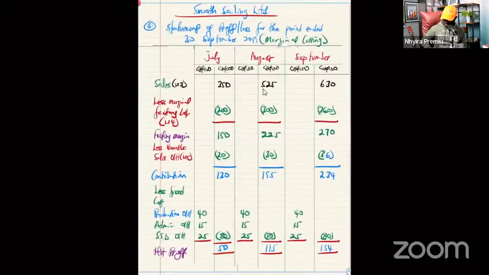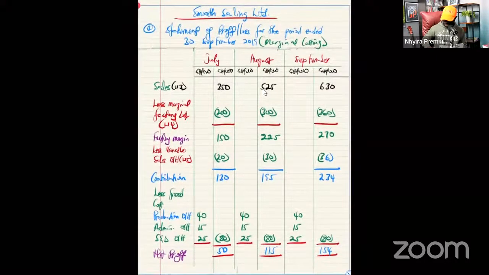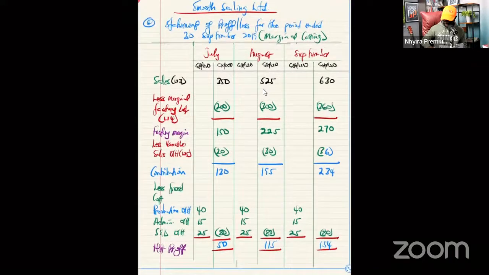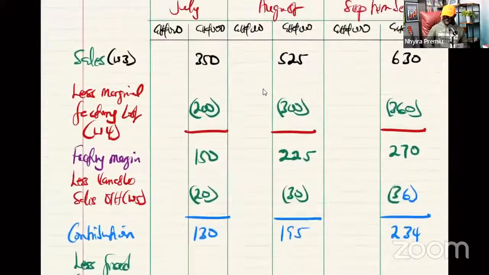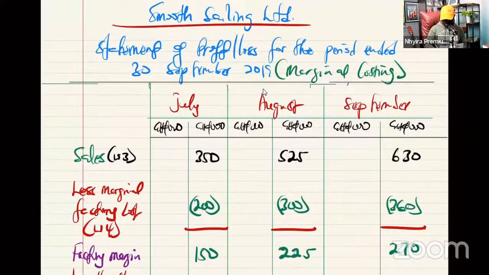Let's see, I'm going to try to duplicate this. So let's go to the B aspect. The same scenario, but this time around, we're going to use absorption costing.